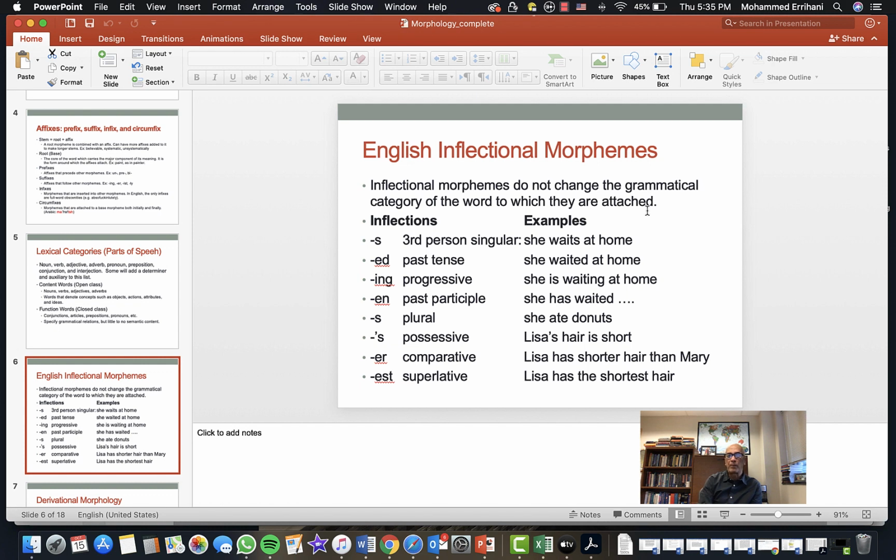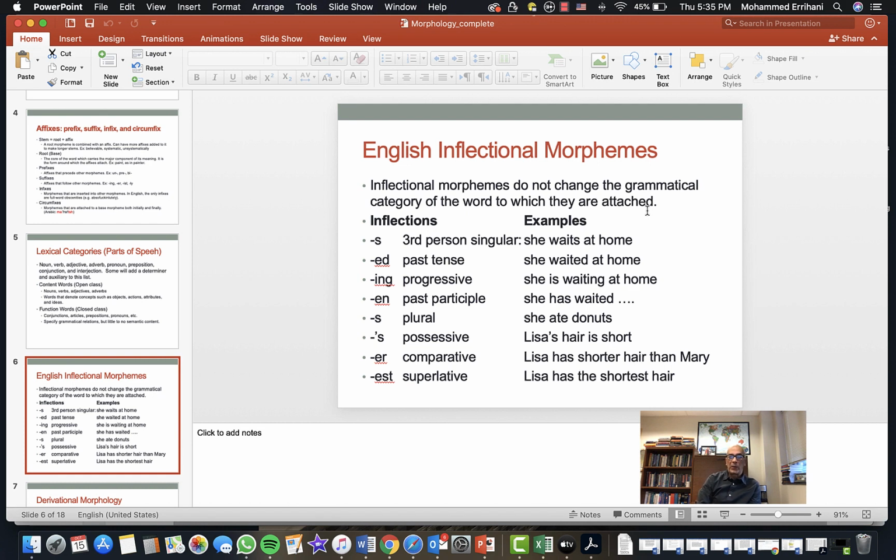One is free, boy, and one is bound, S. These are called inflections. Those bound morphemes that are typically added to a word are called inflectional morphemes. And English has several inflections, typically about 8. So let's look at all of them.